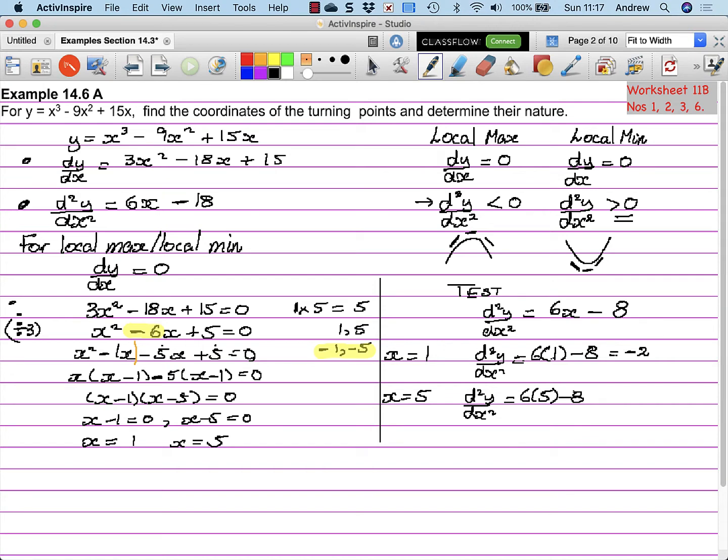And 6 on 5 is 30. 30 take 8 is going to be 18.